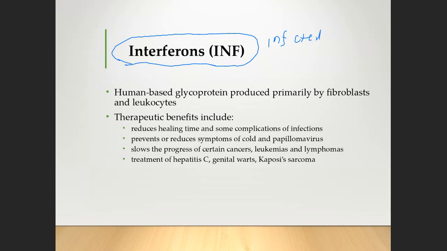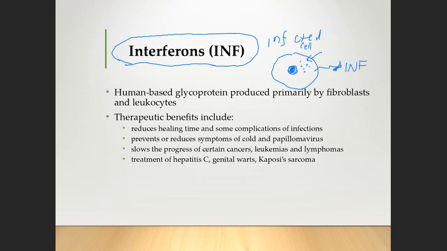Okay, so let's say this is the host cell, a human cell. If a virus enters the cell or there is some infection in the cell, this is considered an infected cell. This cell is actually able to produce interferon.